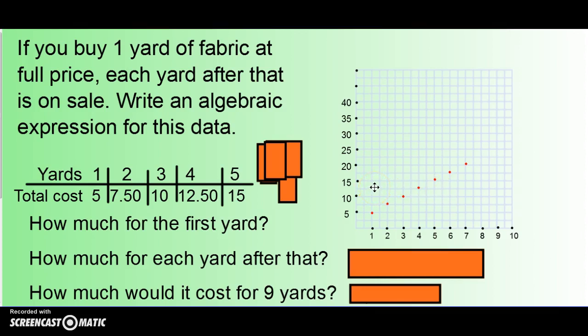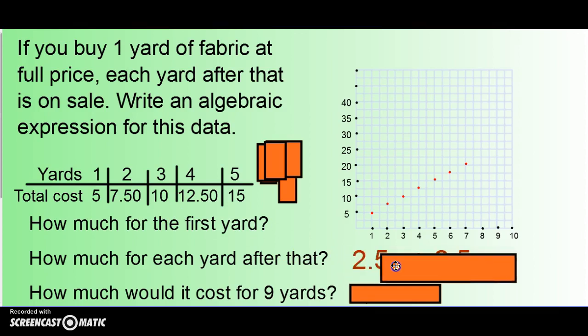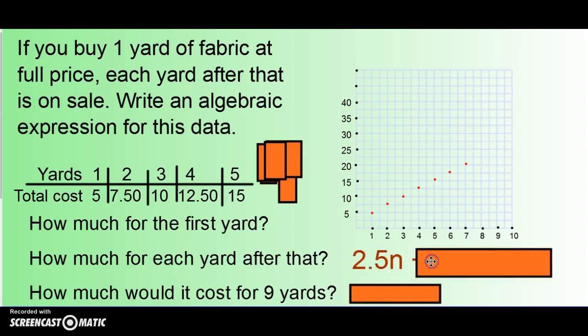So remember from the previous lesson, to put that into an algebraic expression, you look at the change and notice that each time it goes up by $2.50. And so going up by $2.50 each time, our expression would be 2.5n. But then keep in mind you have to substitute that first term, 1, in for n.